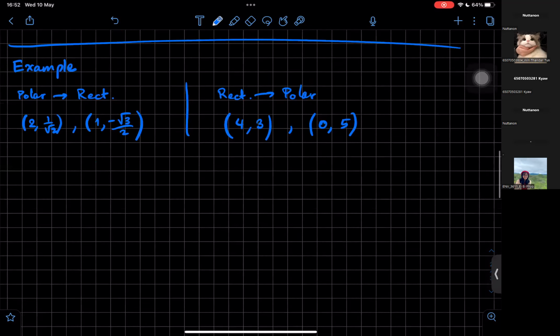The left one you need to change from polar coordinates to the rectangular coordinate. So this one will be r, and this one will be theta, and this x and y. If you understand this part, then for the other parts we will go faster.